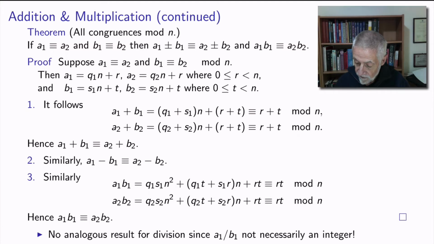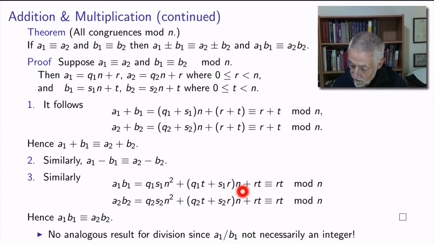Finally, the proof of the result for multiplication is again similar. So if we multiply a1 and b1 using these two expressions here, we're going to get q1 s1 times n squared, so that's multiplying these two. And likewise, if we multiply that one and that one, we're going to get multiples of n.